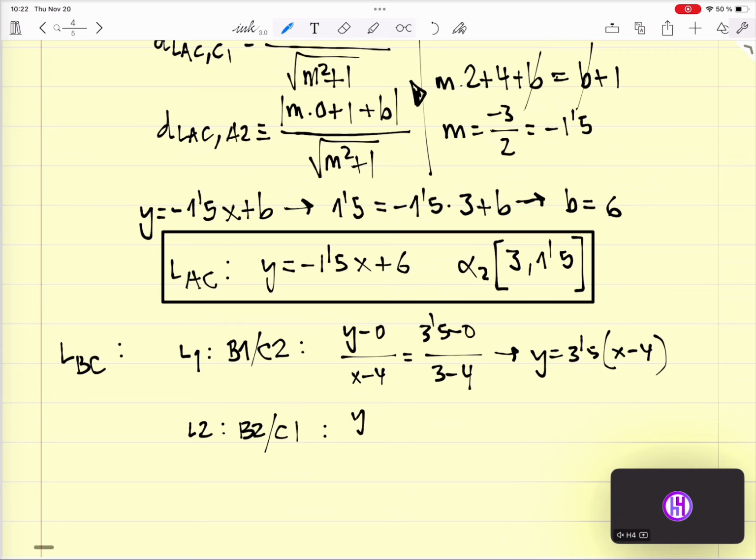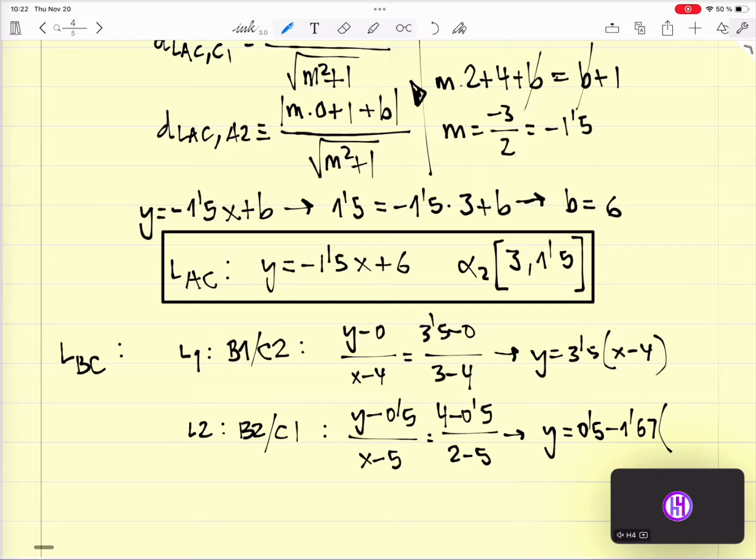So this is (y minus 0.5)/(x minus 5) equals (4 minus 0.5)/(2 minus 5), so y equals 0.5 minus 1.67 times (x minus 5).